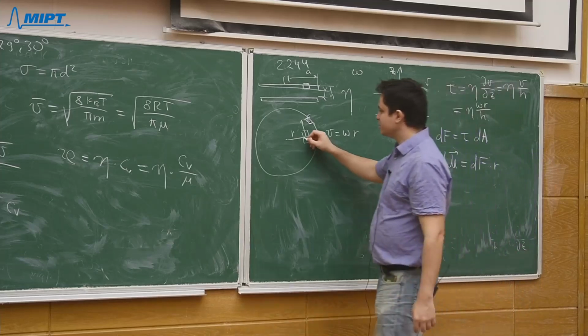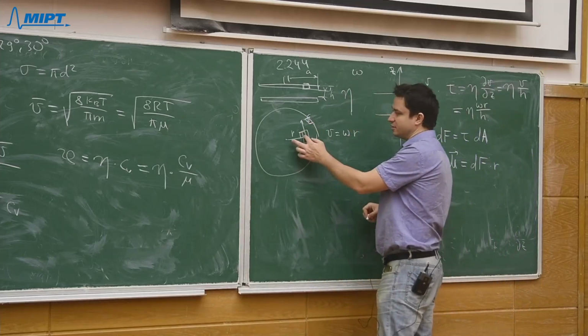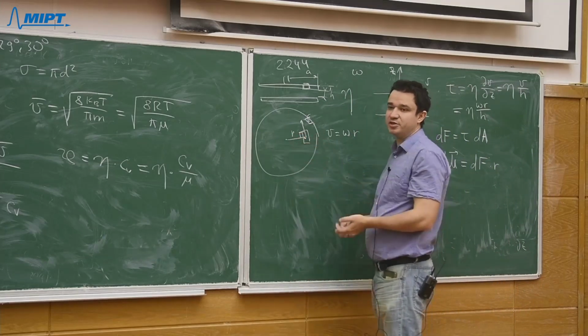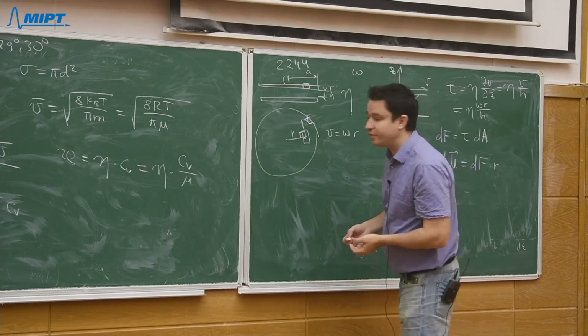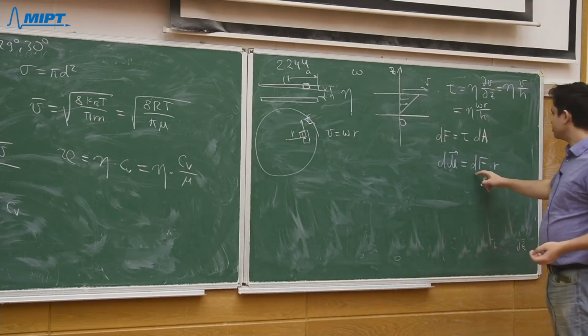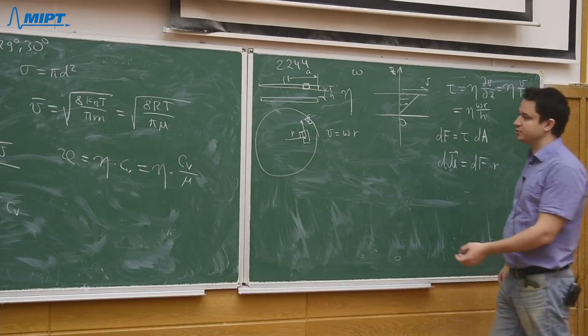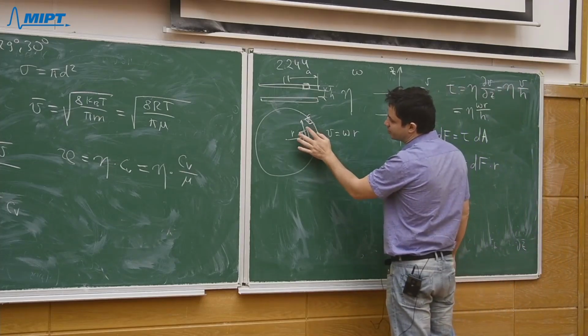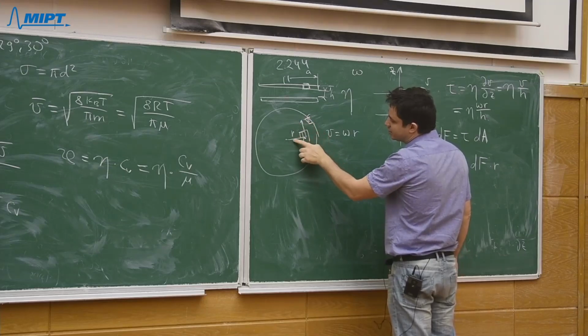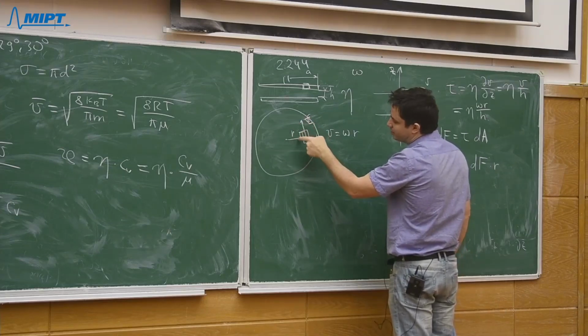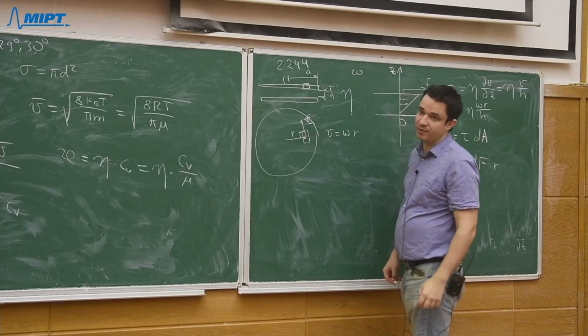And since F and r are perpendicular to each other, the moment of force is exactly equal to the product of these two, because actually we need to calculate the product between the force and the distance multiplied by sine of the angle between them.